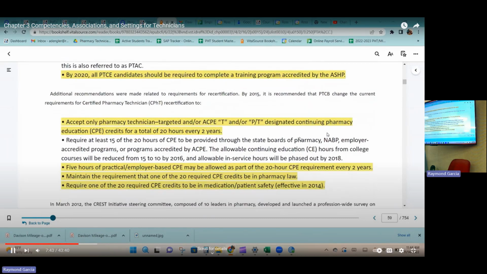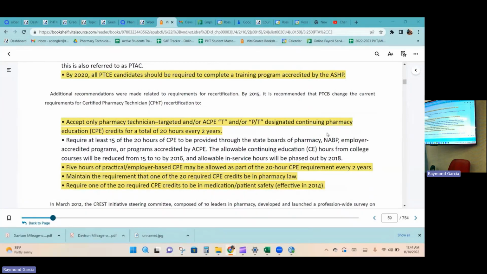By 2015, it is recommended that PTCB change the current requirements for certified pharmacy technician recertification to accept only pharmacy technician targeted and/or ACPE and/or PT designated continuing pharmacy education credits for a total of 20 hours every 2 years.